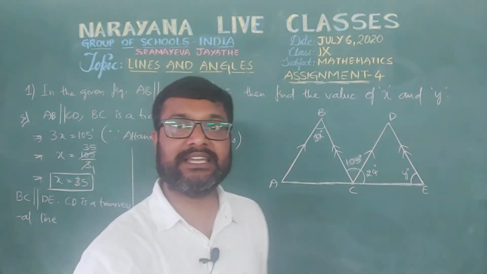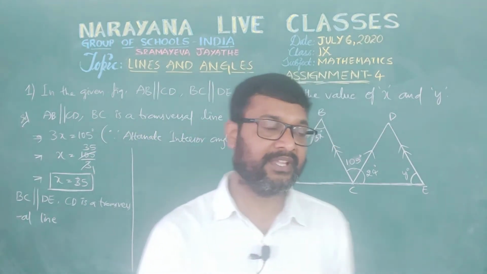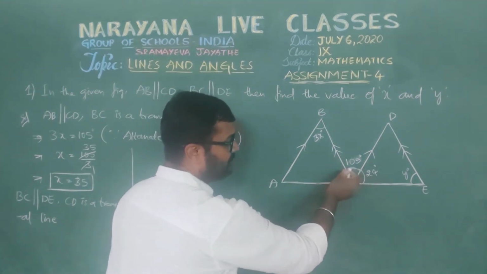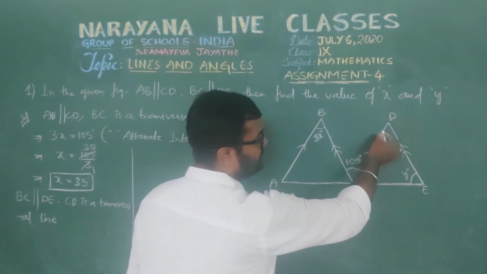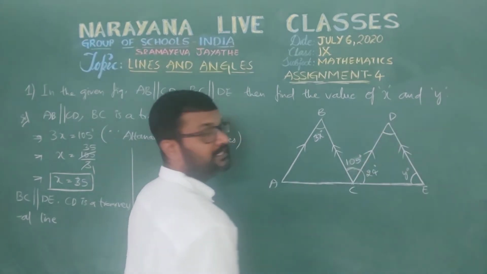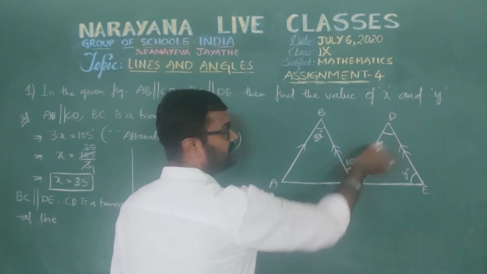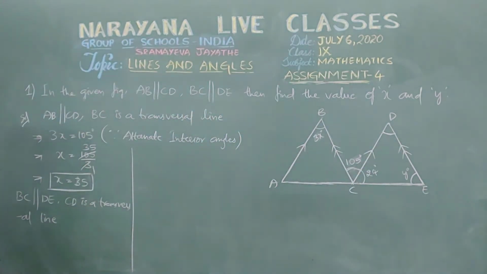when CD is a transversal line, then if you observe here, this 105 degrees angle and this angle are alternate interior angles. In this case also, similarly, both are equal.